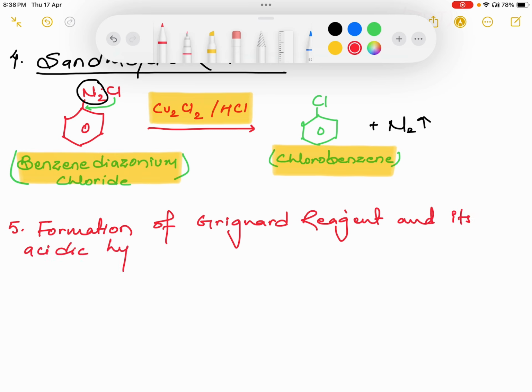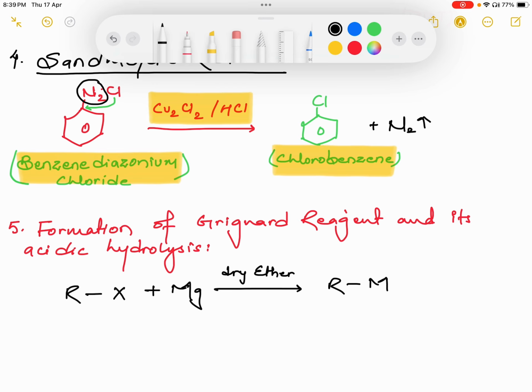Whenever you get an alkyl halide group, that is RX group, and it is being treated with magnesium in the presence of dry ether, it forms RMgX. That is what we call alkyl magnesium halide.